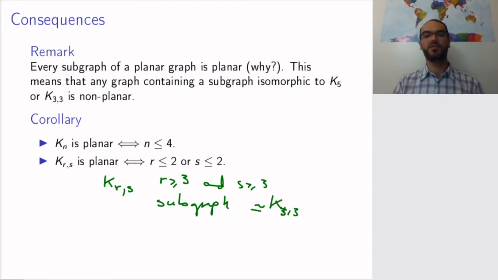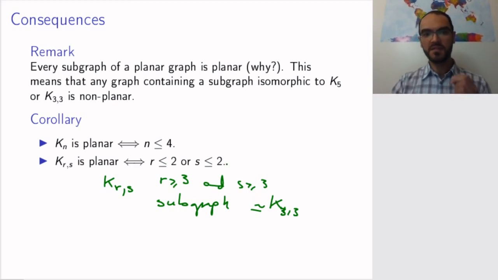This is an exercise for you to check that K_{R,S}, when R and S are both greater than or equal to 3, has a subgraph K3,3. Since that is not planar, then those bigger K_{R,S} are not planar. So either R or S has to be smaller than or equal to 2. And for all these cases, we have already seen, or it's easy to see, that they are planar.